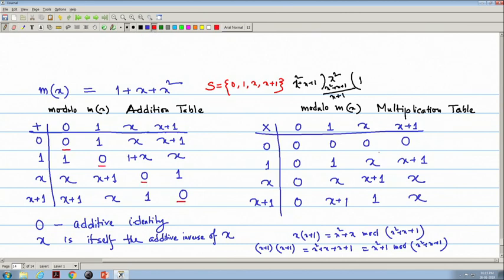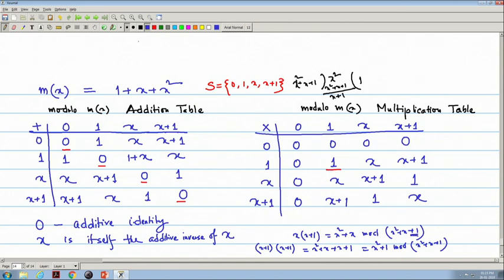Other than 0, the way we have defined, for 1 we got multiplicative identity 1, for x square this will be 1 because x square plus x, so 1 will be there.